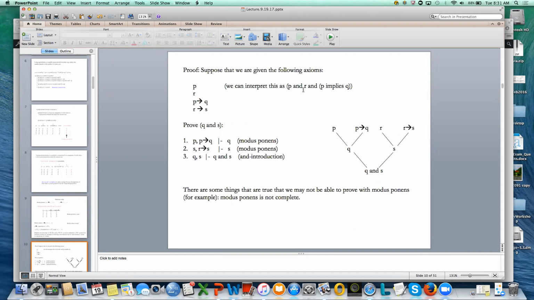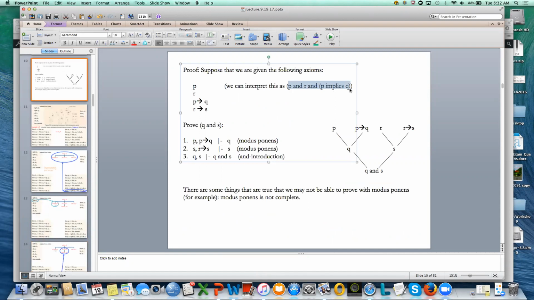So here's a basic proof. We're given these axioms. There's a typo there. I will correct that in the slides before adding this.